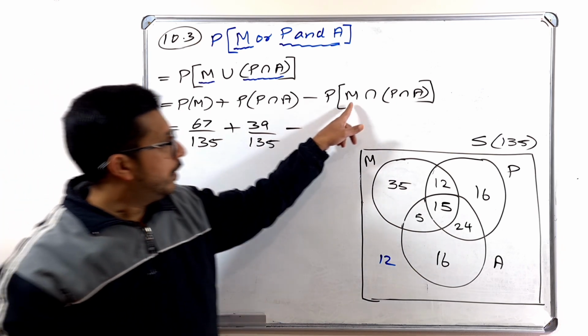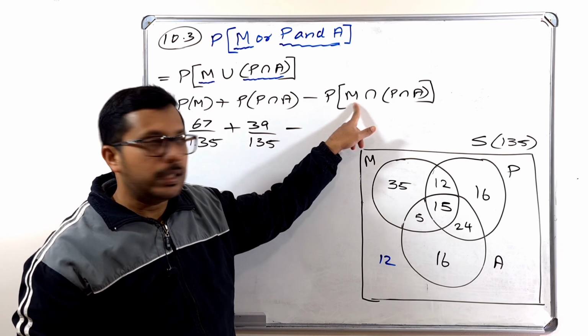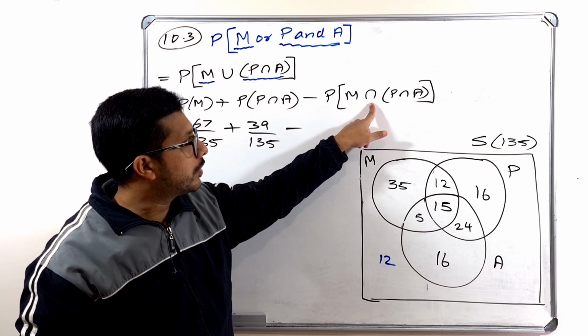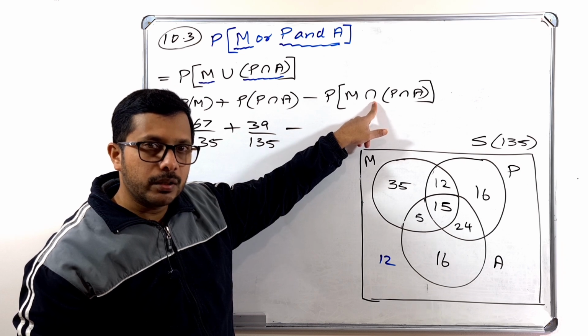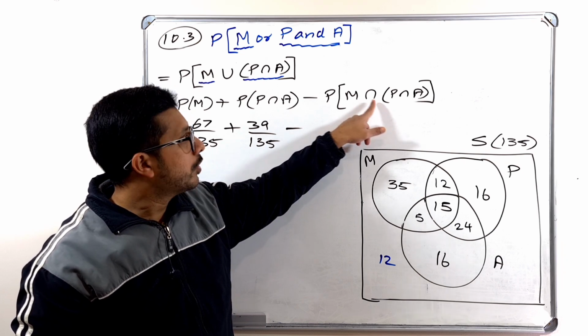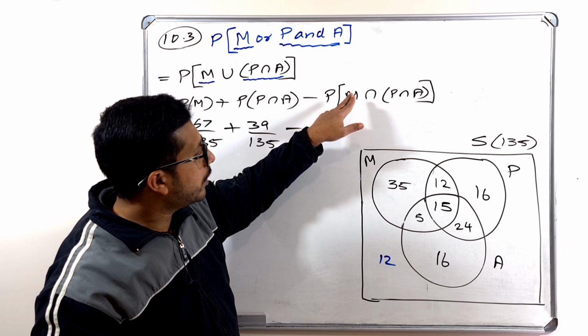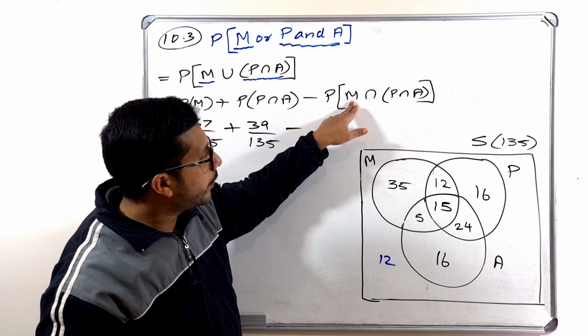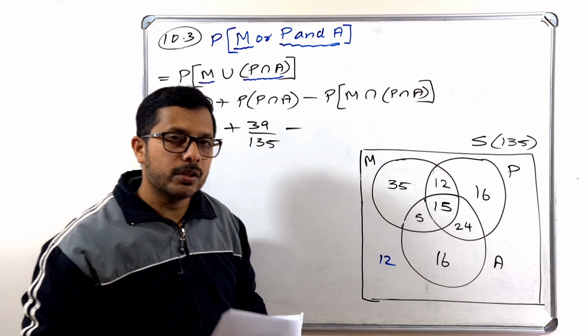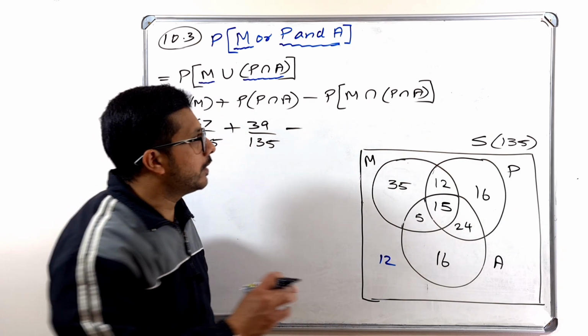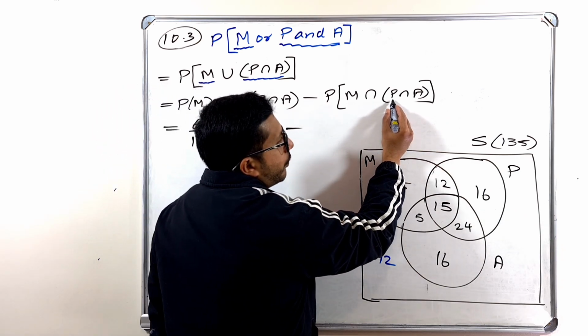Now M intersection, you must be careful in this one. Okay, M intersection, what is the meaning of intersection? Common. Am I right? So you have to check what is the common of this maths and physical science intersection accounting. You can easily find the answer like this. What is the common of physical science?